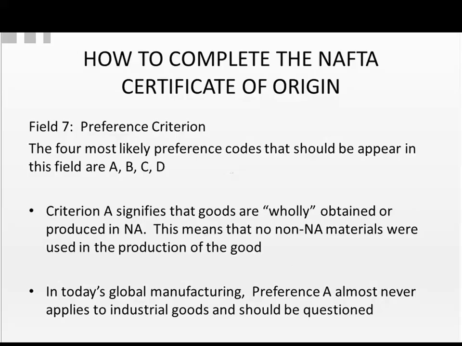It may apply to, for example, agricultural goods in some cases that are wholly obtained and produced in North America. But again, those of you that are familiar with various supply chains in today's global manufacturing, it's very difficult for one product to be wholly obtained or produced in any one country. Today's industrial goods, some are produced in multiple countries and assembled along the supply chain.